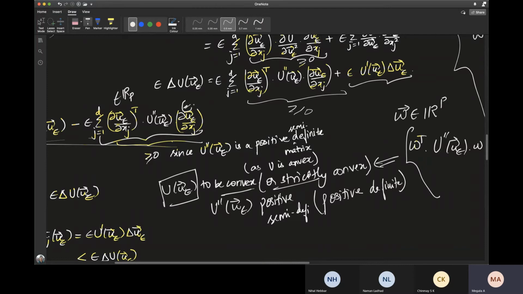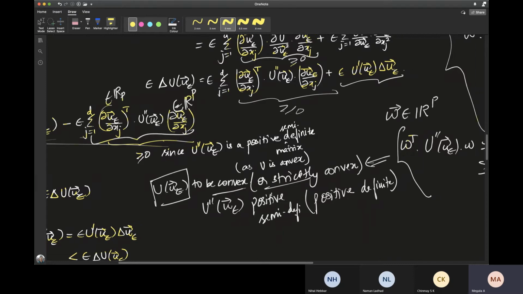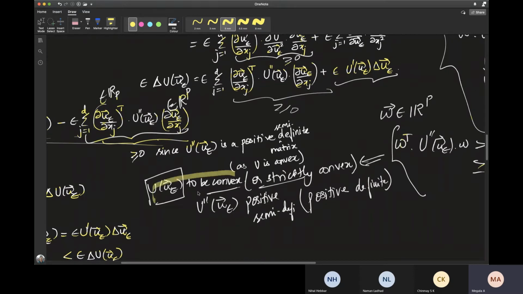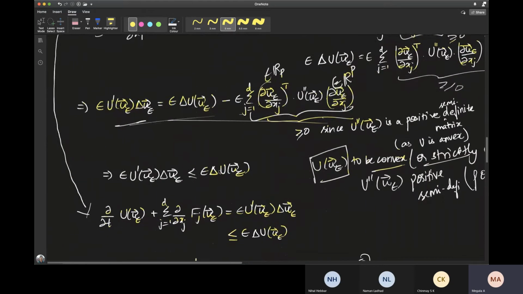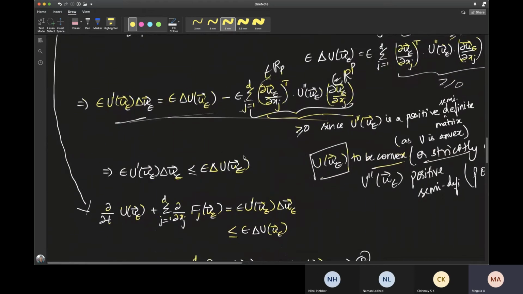So if it holds for any W vector, it will hold for this specific vector as well. So this term is now greater than or equal to 0 because of the convexity of our entropy function.